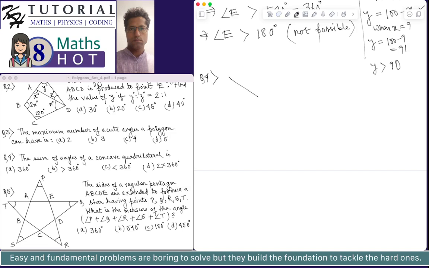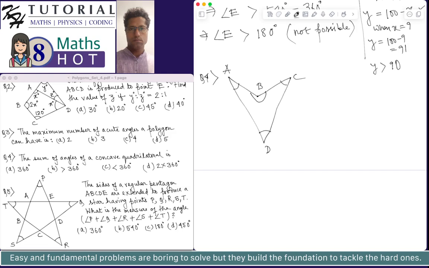Let's say this is the concave quadrilateral A, B, C, and D. Let's say this angle is A, this angle is C, this angle is D, and this angle will be named after the vertex, angle P.